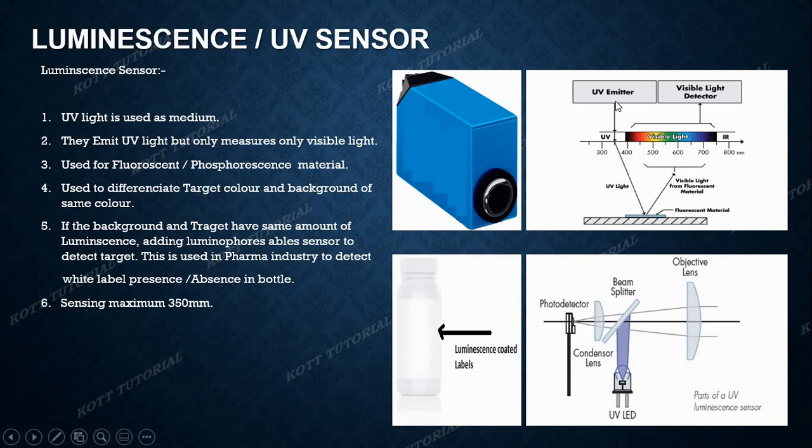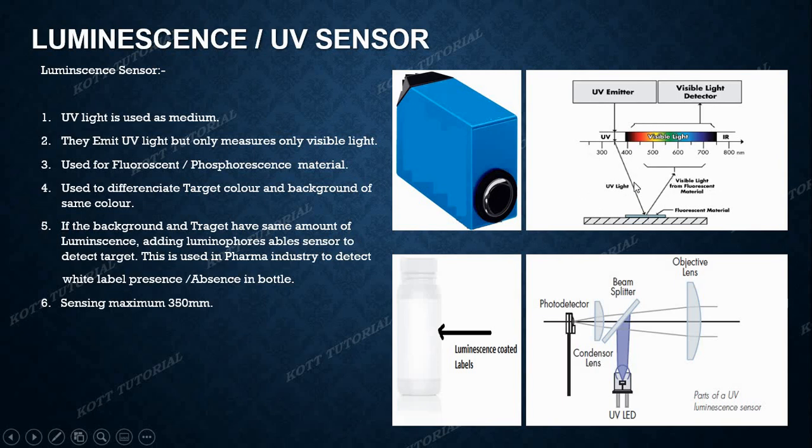The light emitted from the UV sensor is always UV light. You can see UV light being incident on this fluorescent material, that is the label, and when it is reflected it is always visible light.